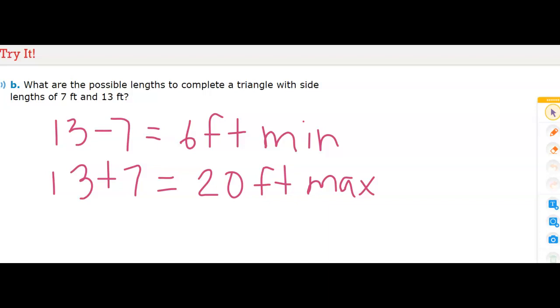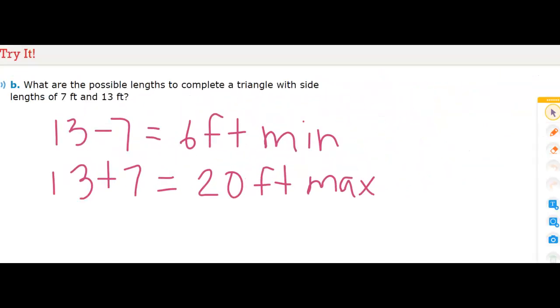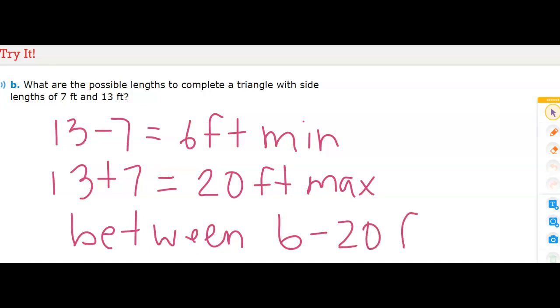So the possible side lengths for this triangle would be anywhere between 6 and 20 feet.